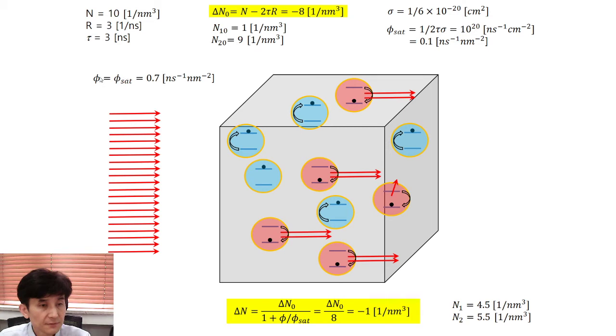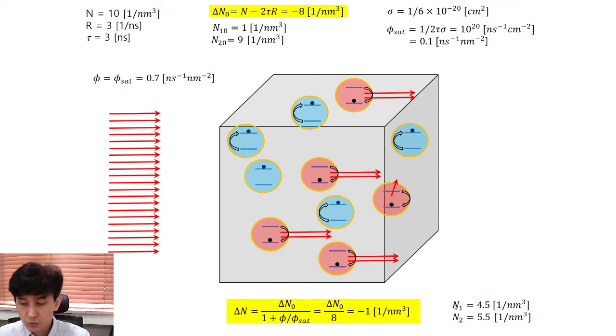If we increase phi to 7 times phi set, that is 0.7 photons per nanosecond per nanometer square, delta N becomes delta N naught over 8, that is -1. So we have N1 about 4.5, N2 5.5.